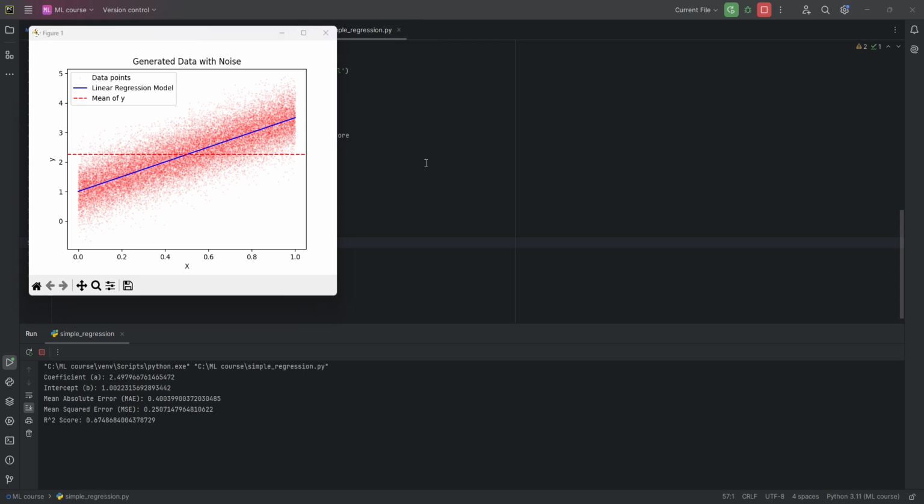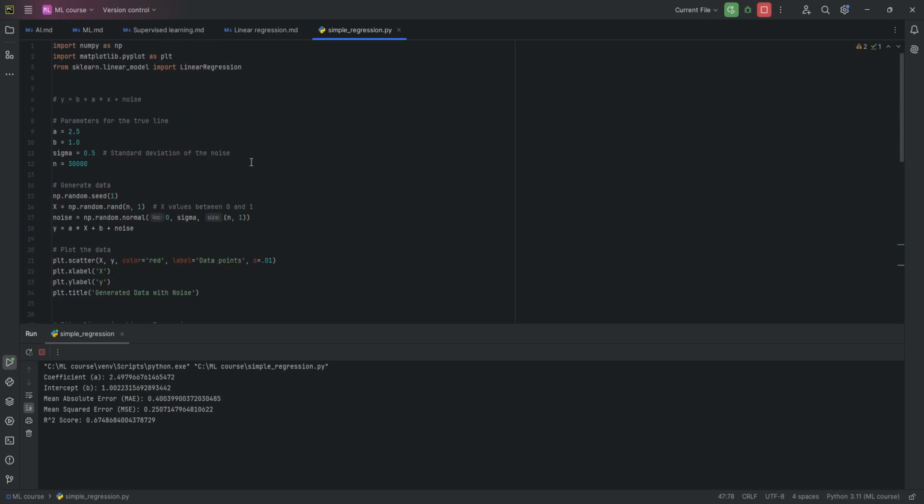So if you like math, when we added the normally distributed noise with known sigma, here 0.5, the sigma we chose, there's actually a mathematical formula to calculate the MAE and MSE.